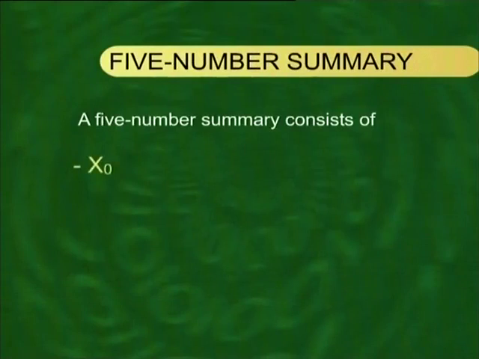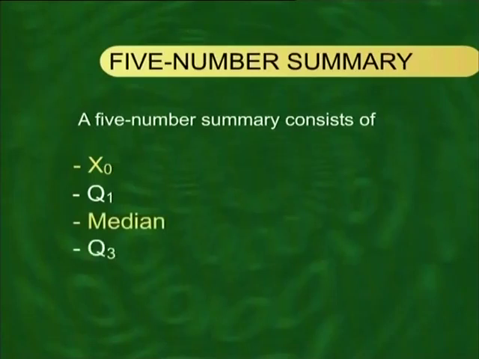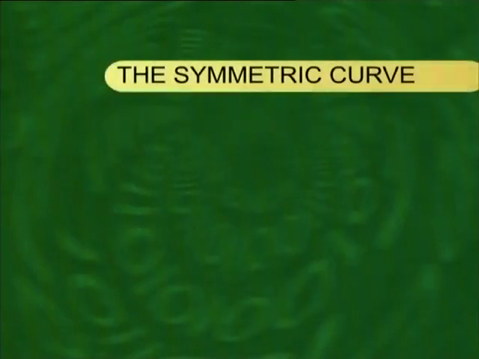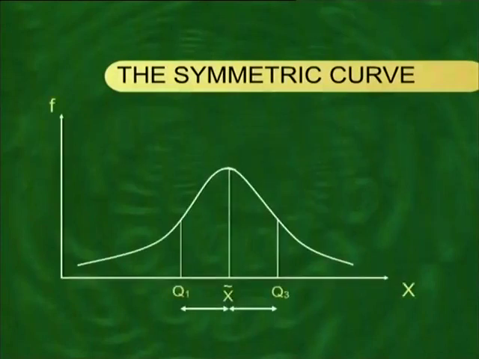As you now see on the screen, a 5-number summary for any data set consists of the 5 quantities x0, q1, median, q3 and xm. आइए जरा उसकी जो interpretation है उसकी revision करते हैं.